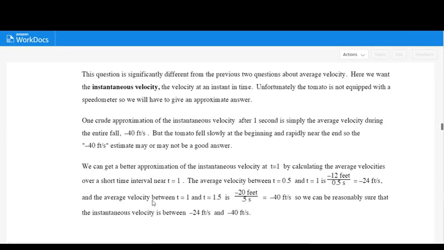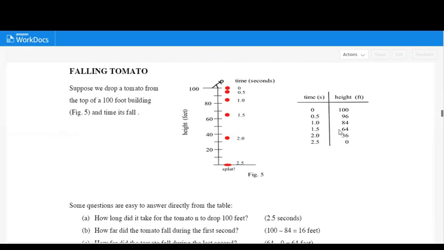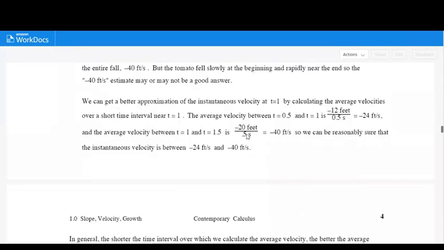And the average velocity naman between 1 and 1.5. So 1 and 1.5. So that is 64 minus 84, that is negative 20 feet all over 0.5. So negative 20 over 0.5, that is negative 40.